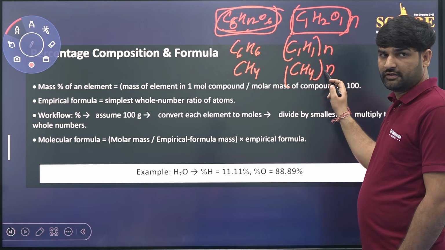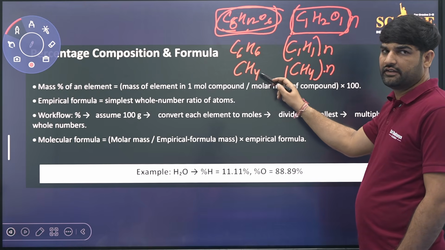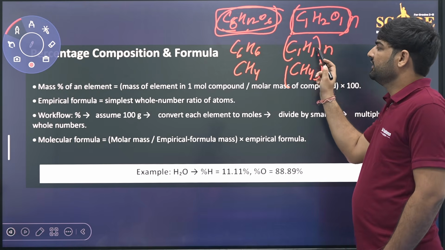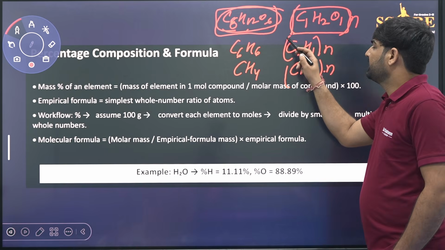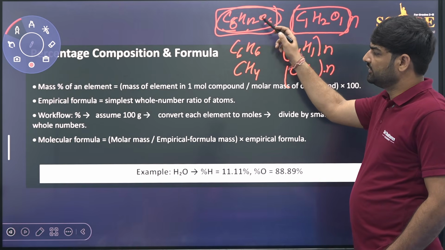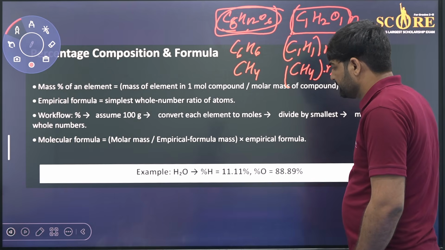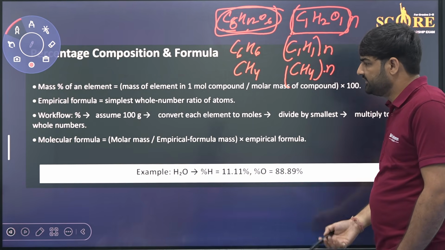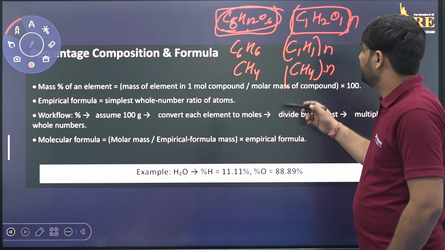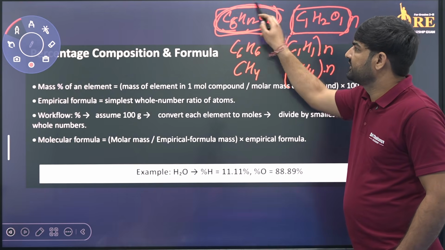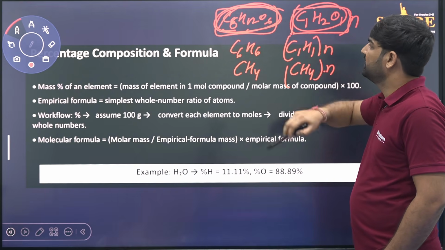If I multiply by 1, then you get this. If I multiply by 6, then you get this. If I multiply by 6, then you get this. So you can ask what is N? This is the molar mass, this is the empirical formula mass.